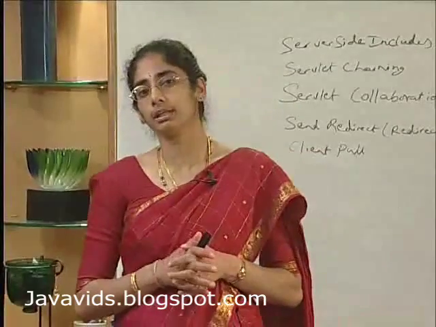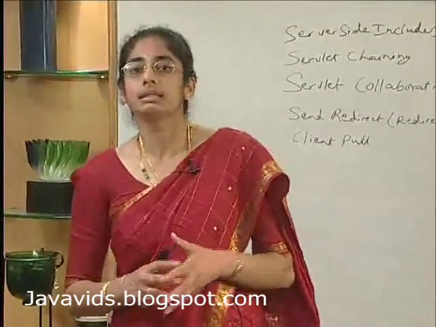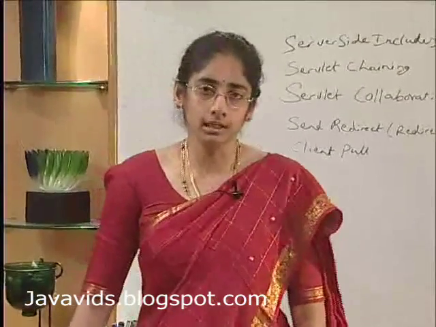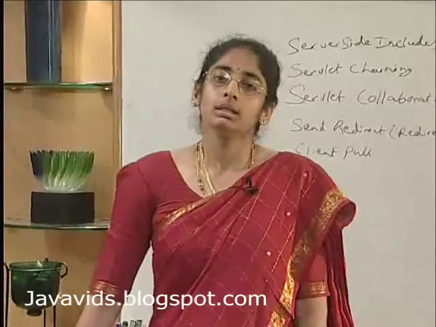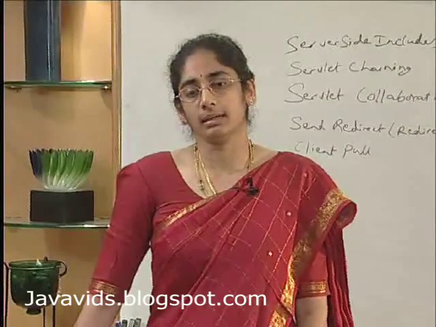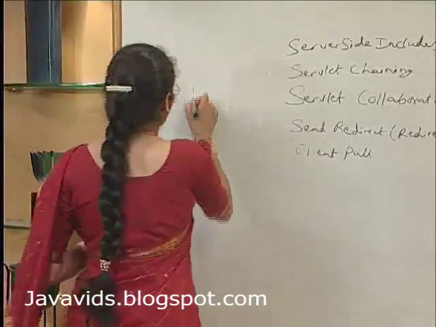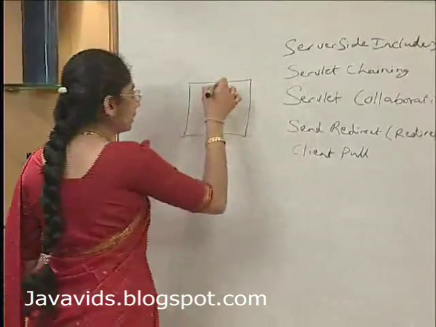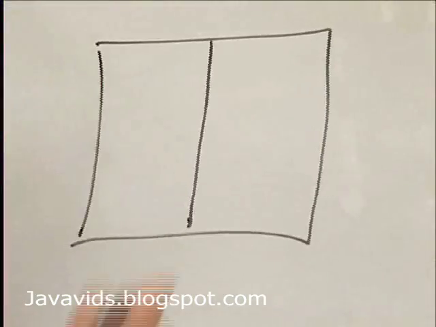So you go to your administration window. There you get Servlet Aliasing as a tab or an option. So you select this Servlet Aliasing. It will give you a window which consists of two columns.